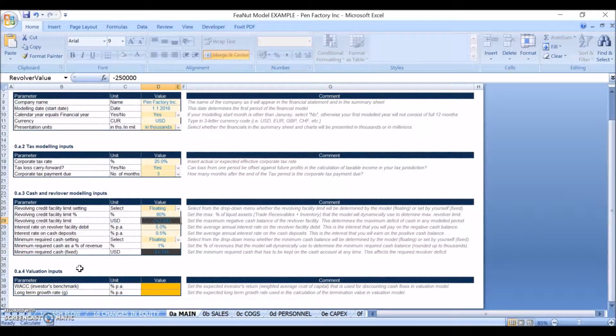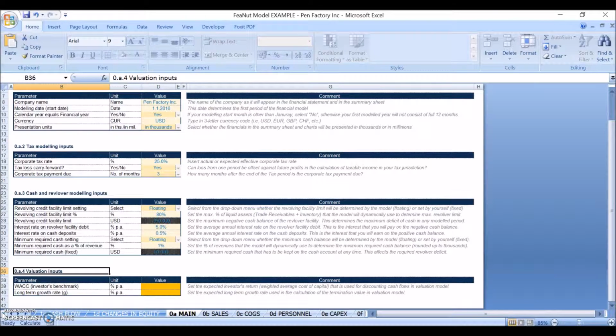The last table that we have in here is some valuation inputs. These are some specific inputs for the valuation so-called sub-model that we have in our financial model.